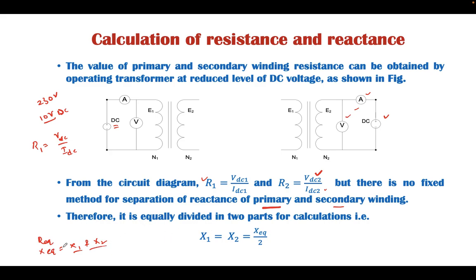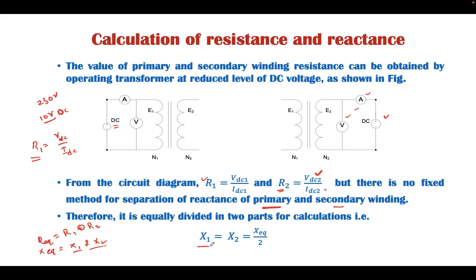R1 plus R2, the combination of R1 and R2 referred to primary or secondary, depends upon the connection schemes. And we can easily measure R1 and R2 by connecting a DC supply on the primary and secondary side, measuring the voltage and current.